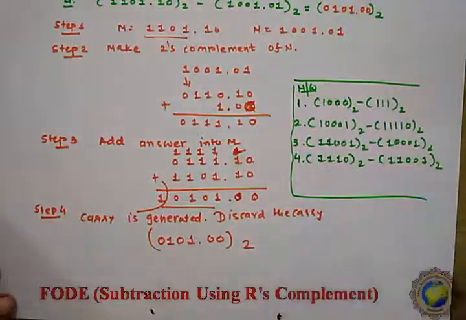So you will be easily able to learn the subtraction of binary numbers. You can do subtraction easily. The subtraction of binary numbers using R's complement, the method is the same.